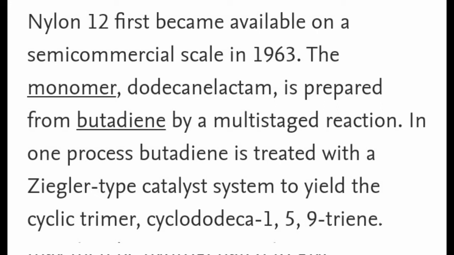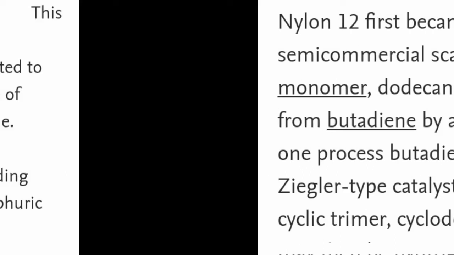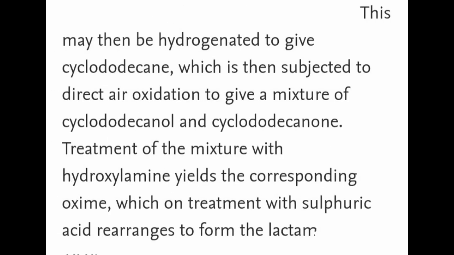That means when the cyclic trimer is formed, it contains 3 C double bond C type of bonds after first, fifth and ninth carbon. Therefore, it is cyclododeca 1,5,9 triene. After that, it undergoes hydrogenation to form cyclododecane.